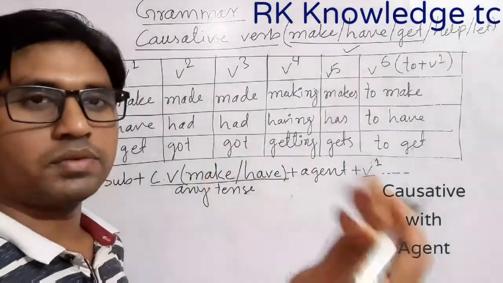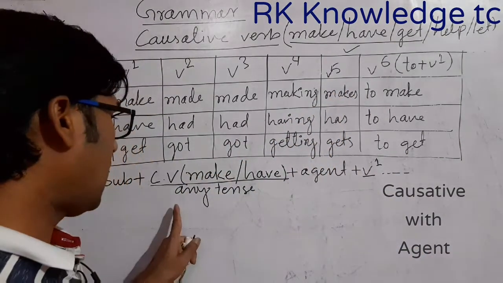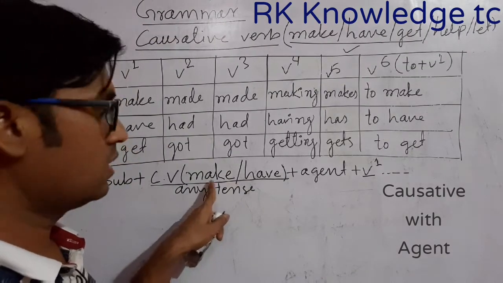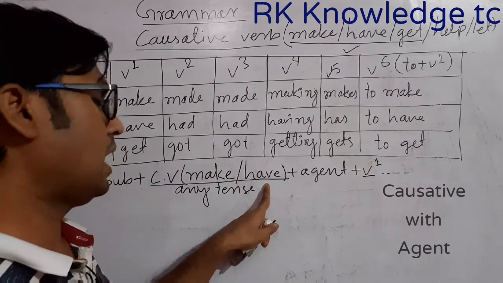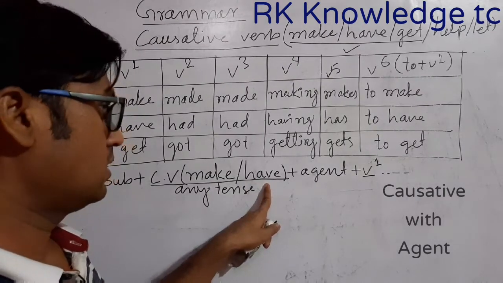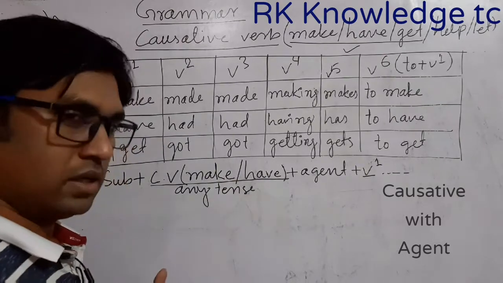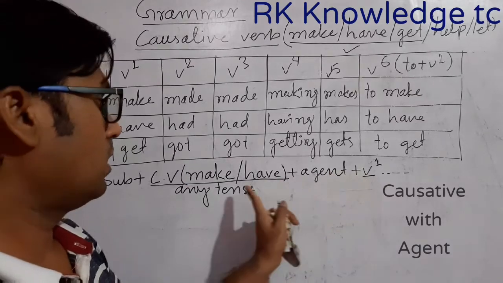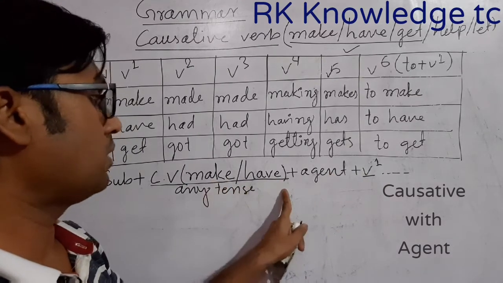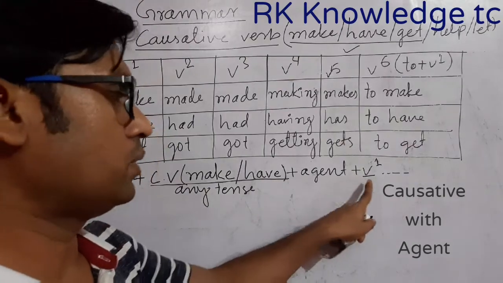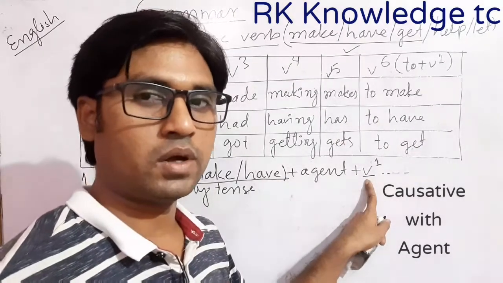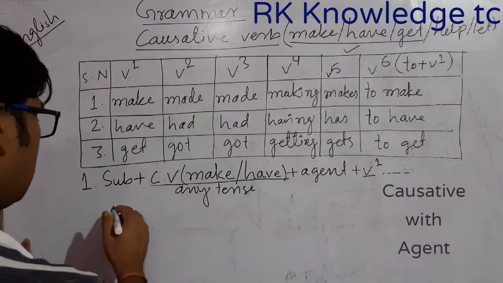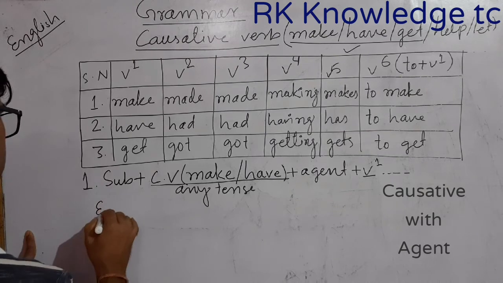It may be made, makes; have may be used as had, has. So any tense, it doesn't matter. If there is an agent after make and have, you have to use verb 1, not the other verb. Okay. So let's see some examples.